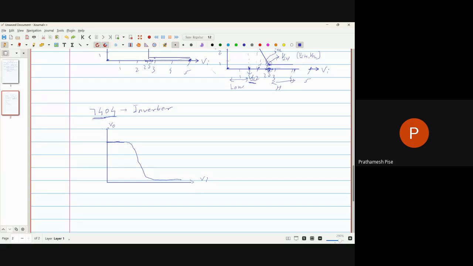So these graphs can be represented with equations. Let it be some f of Vi.